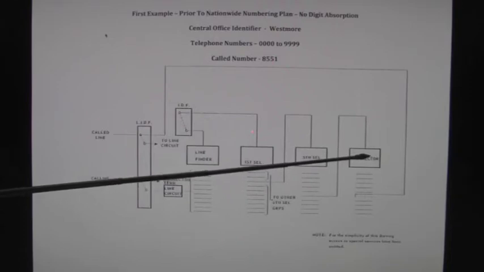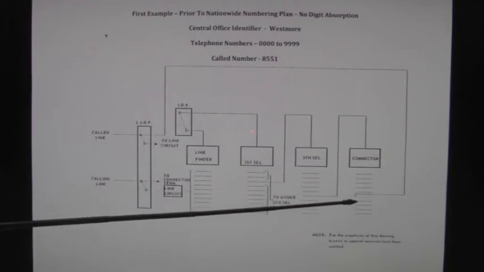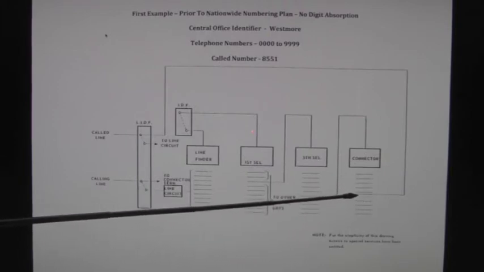The calling line dials the tens digit, which is a 5, and the connector steps up to the 5th level. However, it doesn't rotary hunt now, it has to wait for the units digit to be dialed. So the customer dials the units digit, which is a 1, and the connector rotary steps to the first terminal position, which is the terminal associated with telephone number 8551.